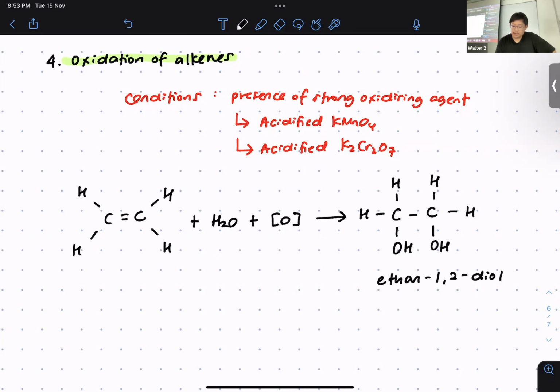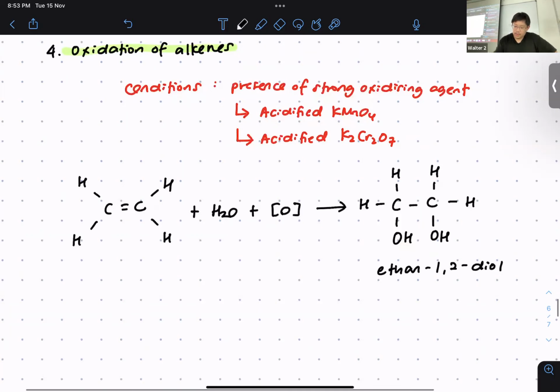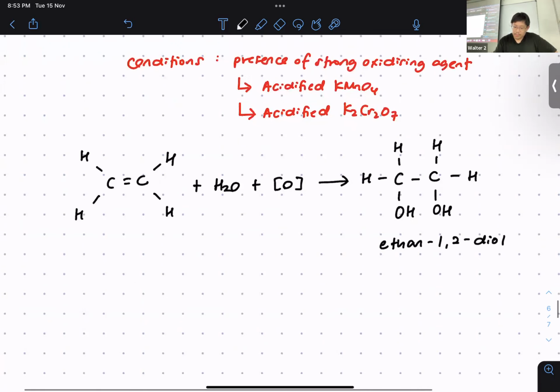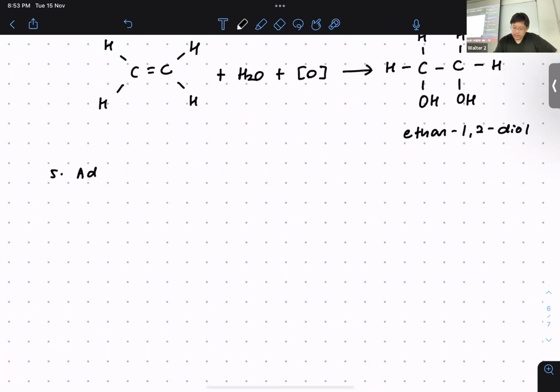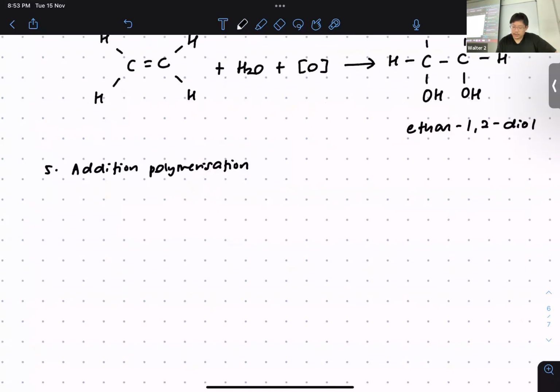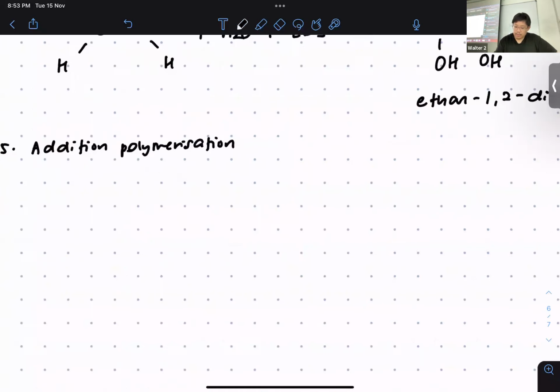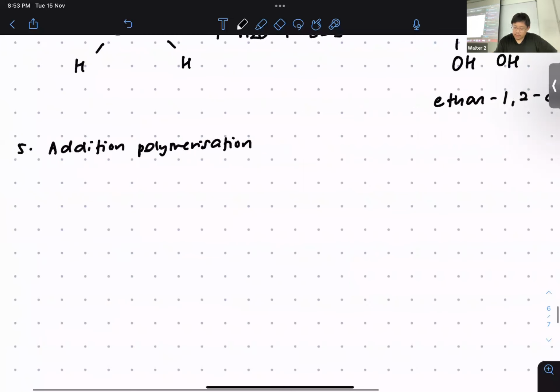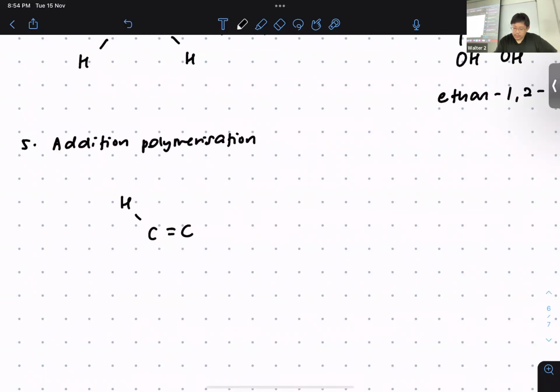And the last reaction will be addition polymerization. For example, you have many units of an alkene. I put ethene as an example.